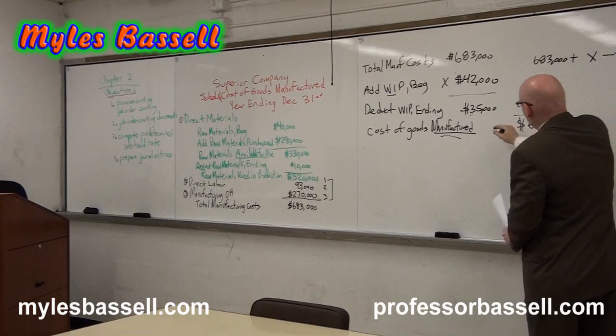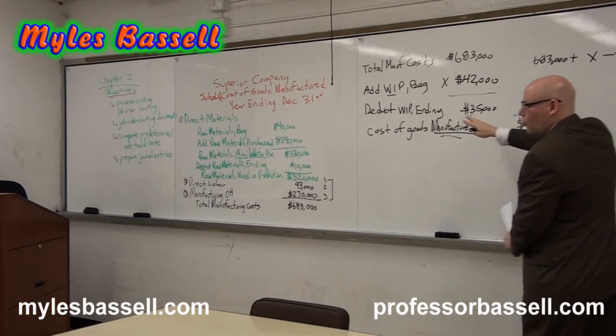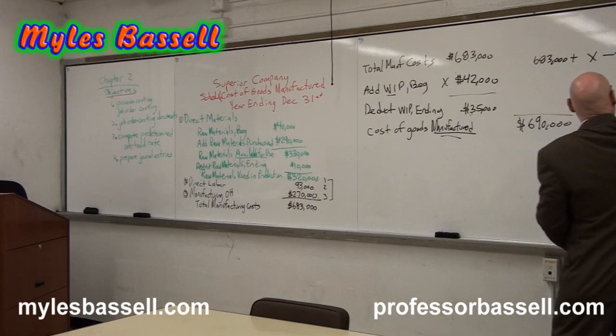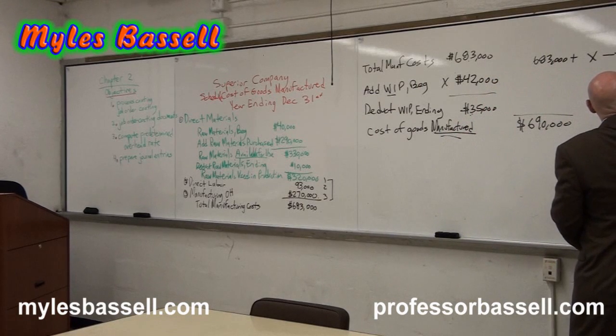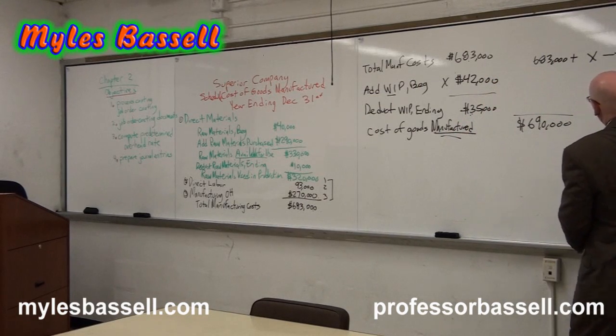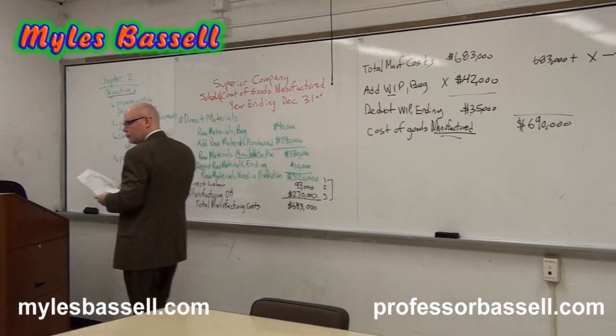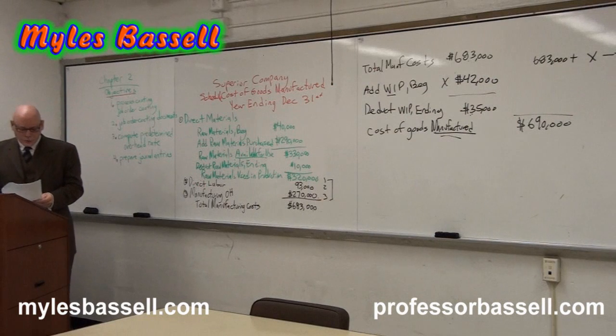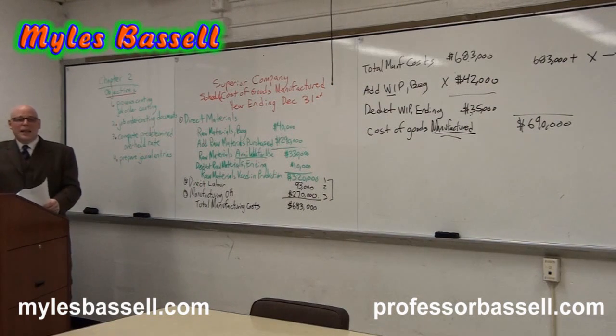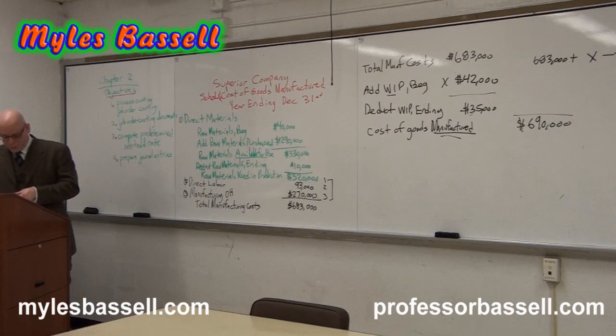And they tell us that after we do that, the cost of goods manufactured is going to be 690,000. So then we solve. Okay. So you need to think about this in an intuitive way.